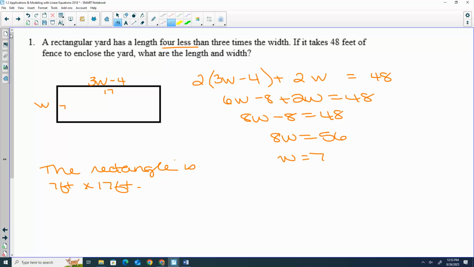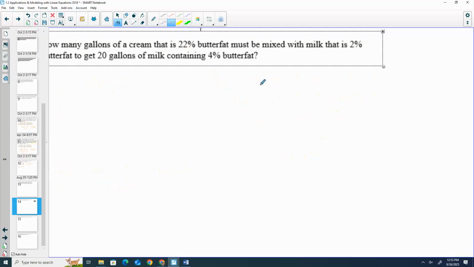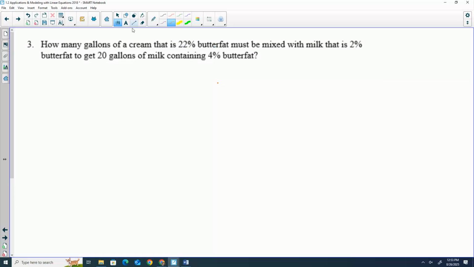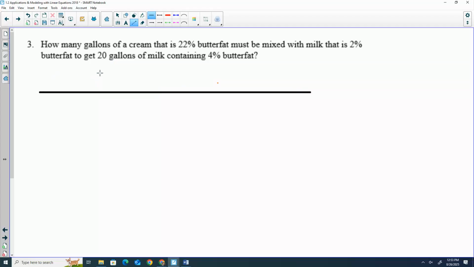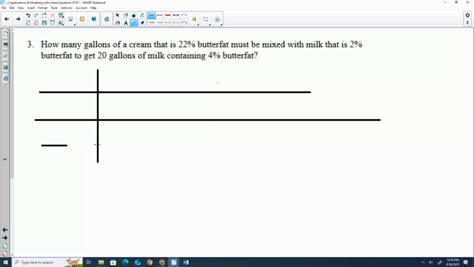Okay. And number 3, one of the mixture ones. What formula goes across the top for these?